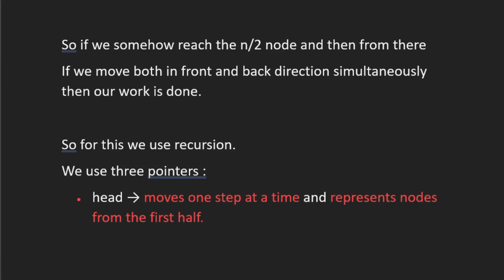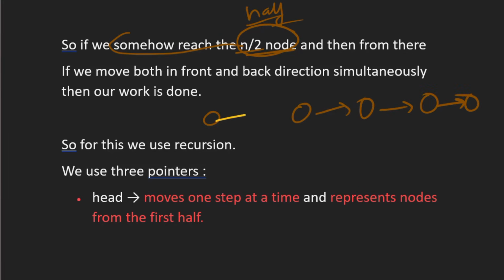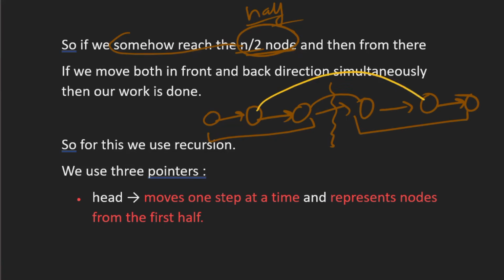So if we somehow reach the n by 2 node, meaning half the nodes, and then from there we do the following. Suppose we have this linked list having 6 nodes, and we somehow reach here, that is up to the half, so this half and this half, and as we know these are the twin pairs, these are the twin pairs, and these two are twin pairs.